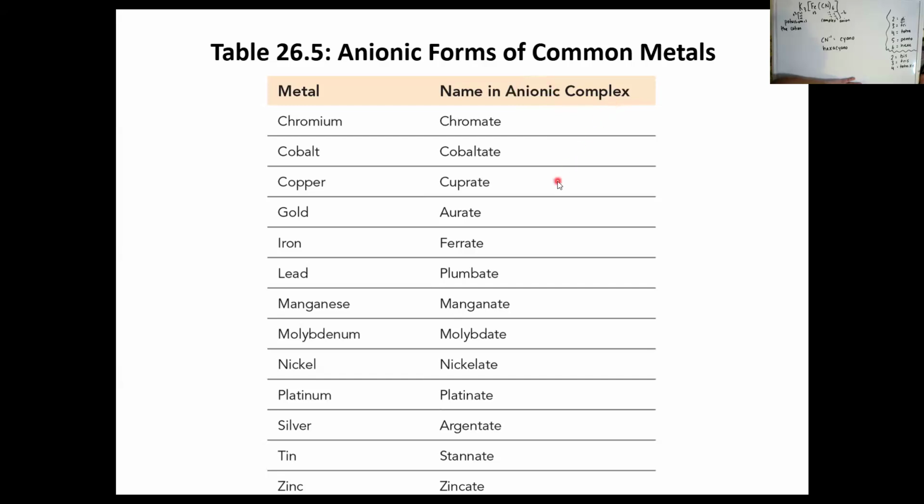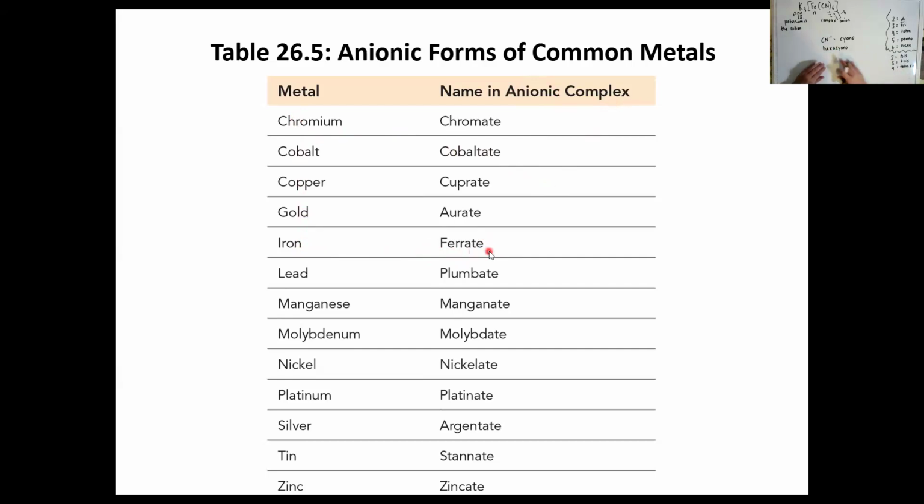All right. So once you decide that you're working with a complex anion, now you're going to find the metal that you're working with on the table, and you're going to use its specific anion name when you're naming the compound. Okay, so iron is called ferrate.